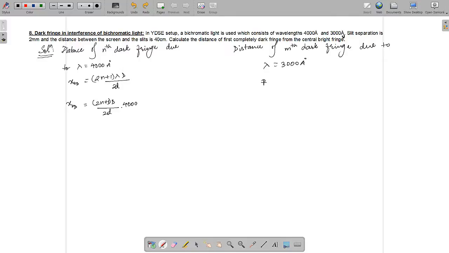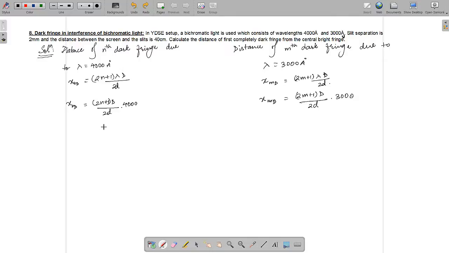Similarly, here the distance of the mth dark fringe will be equal to (2m plus 1) into lambda D by 2d, which will be equal to (2m plus 1) into D by 2d into 3000.